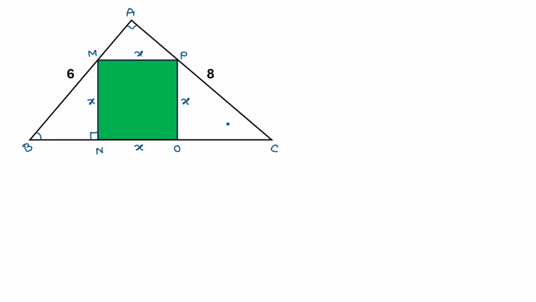So by the angle similarity theorem, we can write BN divided by MN is equal to BA, that means AB, divided by AC.